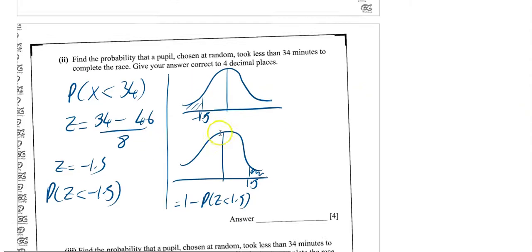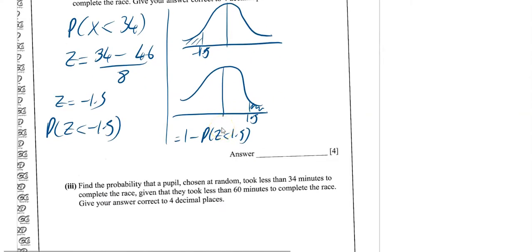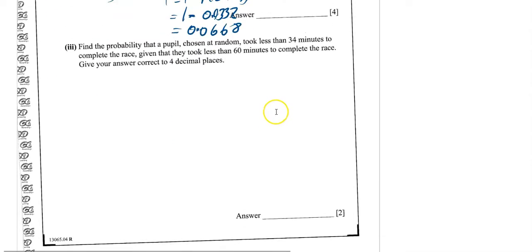So go back to your tables and find 1.5, and it gives you 0.9332, which gives you 0.0668. Okay, so 0.0668.